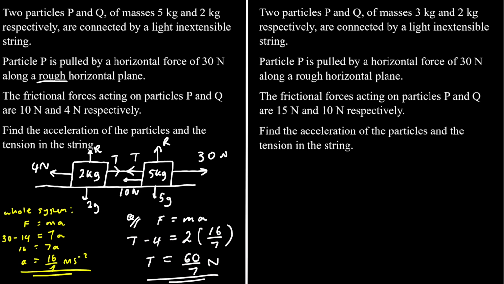One for you to try. See if you can give it a go. So again, we've got two particles, P and Q, connected by a light inextensible string. So this time P is 3 kilograms, Q is 2 kilograms.